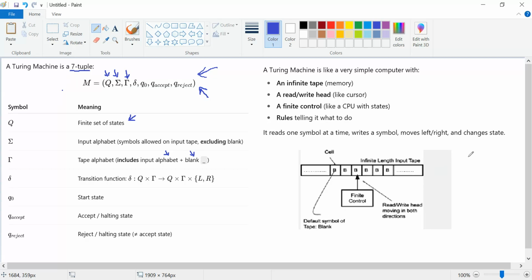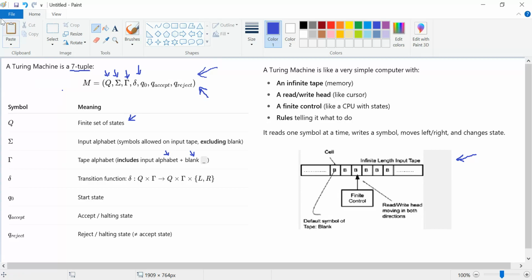What you see on the right-hand side is the input tape of a Turing machine, and the blank symbol is shown as a box. That's the additional thing that we have in a Turing machine. Then you have the transition function, which you also have in a DFA or a PDA.